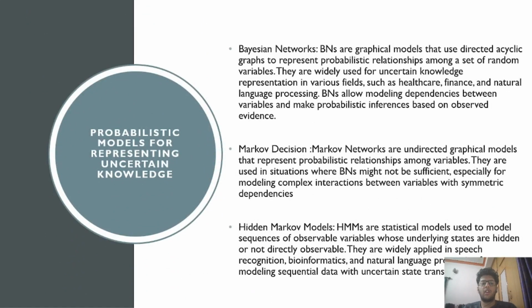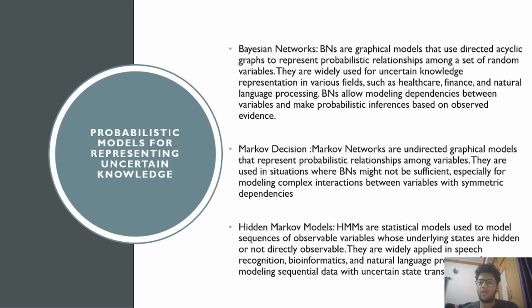Probabilistic models for representing uncertain knowledge. Coming to the first one, that's Bayesian networks. Bayesian networks are graphical models that use directed acyclic graphs to represent probabilistic relationships amongst a set of random variables. They are widely used for uncertain knowledge representation in various fields such as healthcare, finance, and natural language processing.